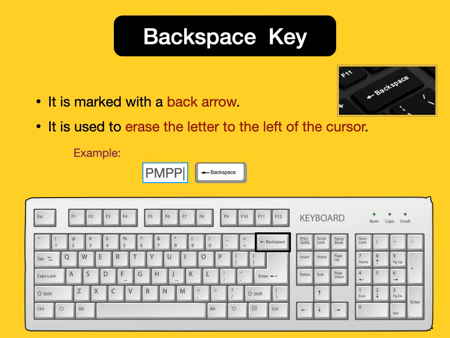Like here I have given one example in which I have written PMPP, and now I want to delete one P that is on left hand side of my cursor. So I will press backspace and it will show you the result, that is PMP, means it has removed one P from left side of the cursor. So backspace we use to erase the letter to the left of the cursor.